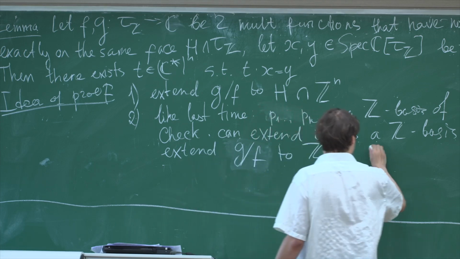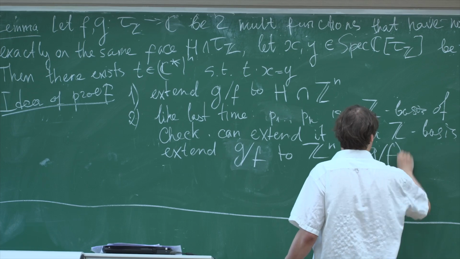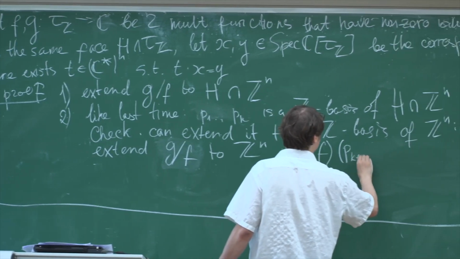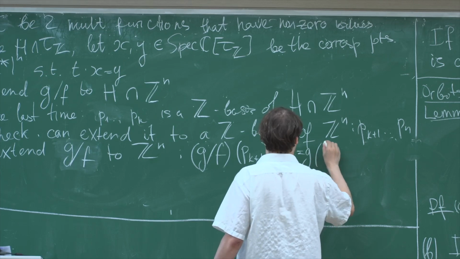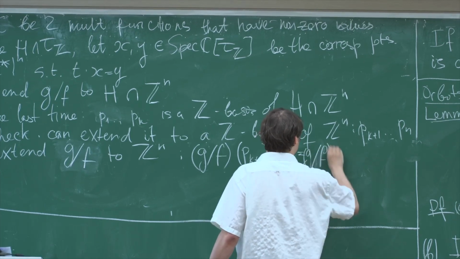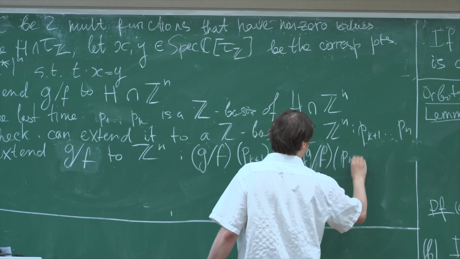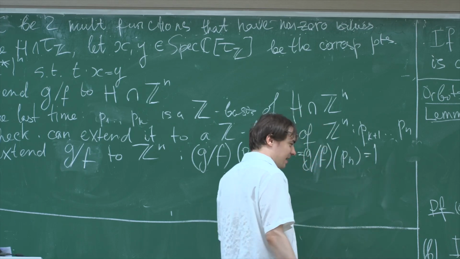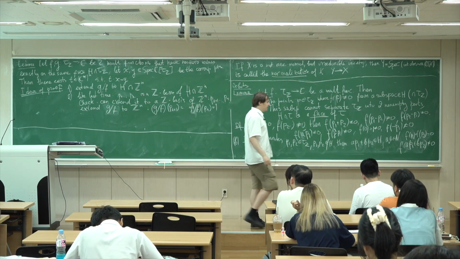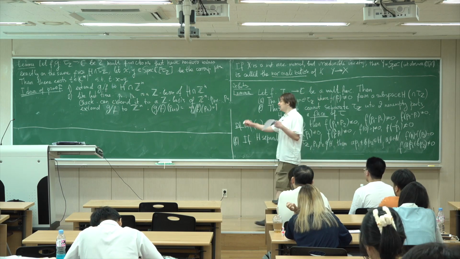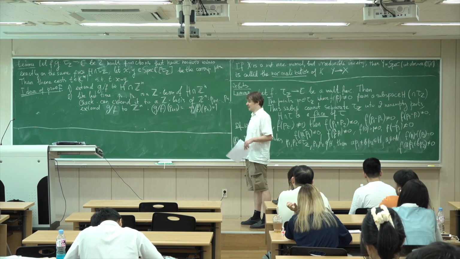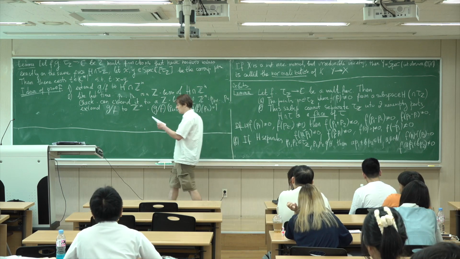We say that g over f of pk plus 1 equals dot dot dot equals g over f of pn simply equals 1. Well, there are many other ways to extend it multiplicatively, but we can choose one. There are also many ways to choose a basis, but we can choose one.